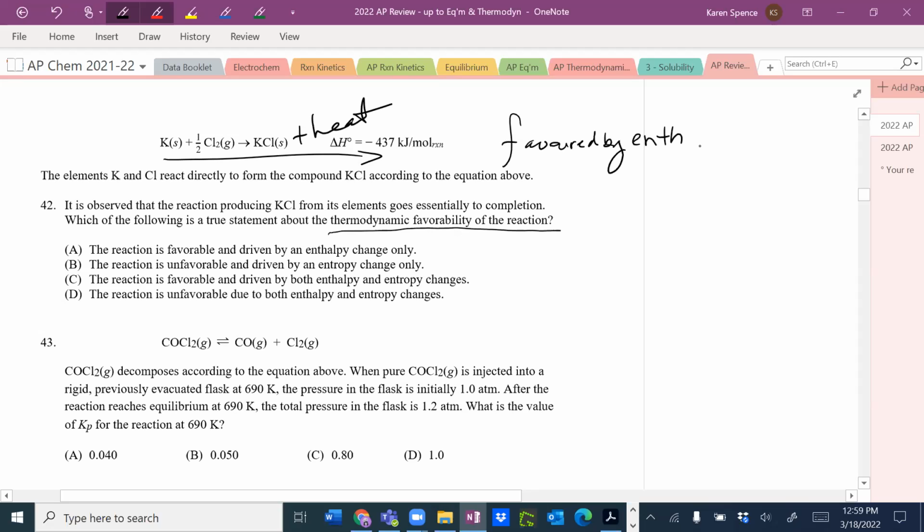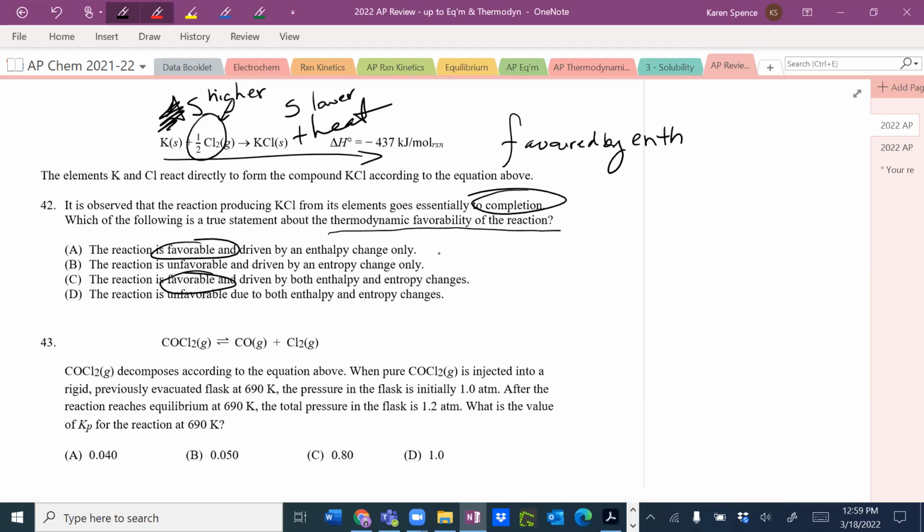And is it favored by entropy? I got a gas over here. So S is higher here, and S is lower here, and we want to have a high S. So S favors the reactants, H favors the products. The reaction is favorable because it goes to completion, so it has to be favorable. And heat says it goes forward, but entropy says it goes backwards, so it is driven by enthalpy only.